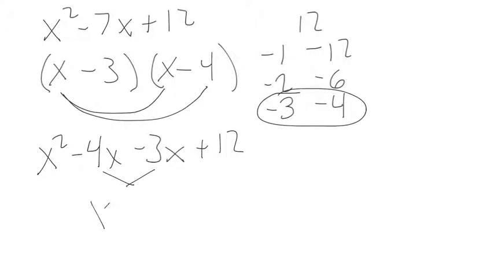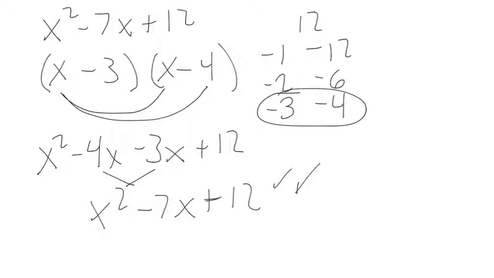These two combine to give me negative 7x, so it does work out. That's our double check to make sure that we factored correctly. It's always good to do that double check, especially when you've got more complicated numbers with lots of different factors.